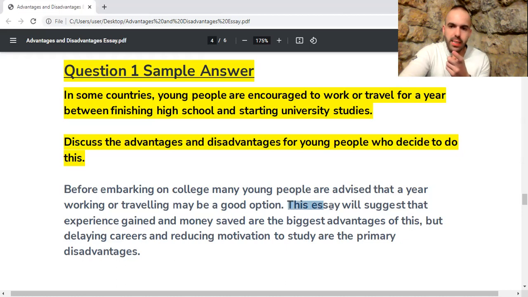This essay will suggest that is a good way to start your outline sentence. Blah, blah, blah are the biggest advantages of this, but blah, blah, blah are the primary disadvantages. You can use these words to write a very professional sentence.